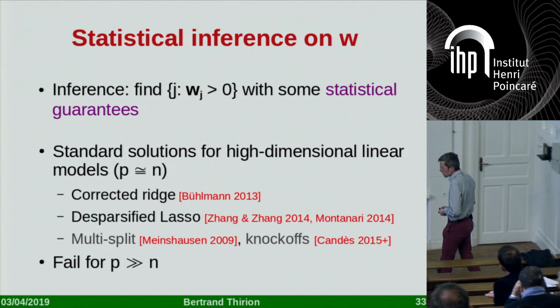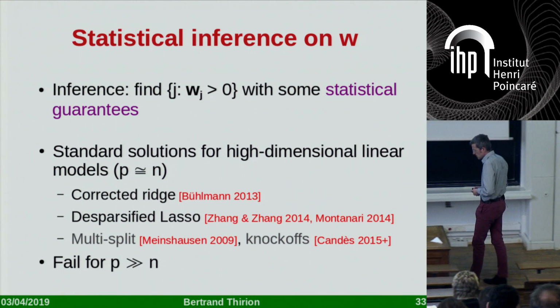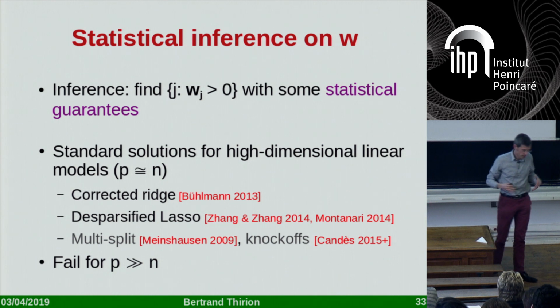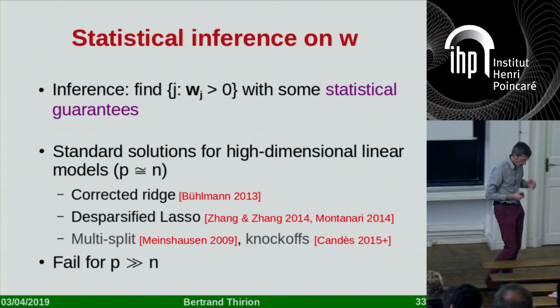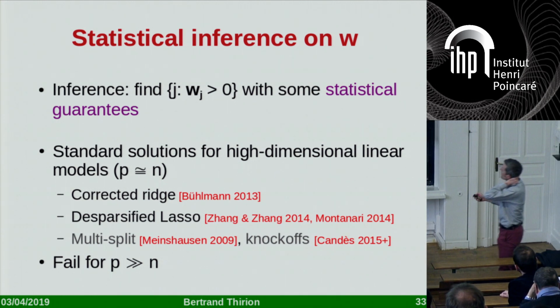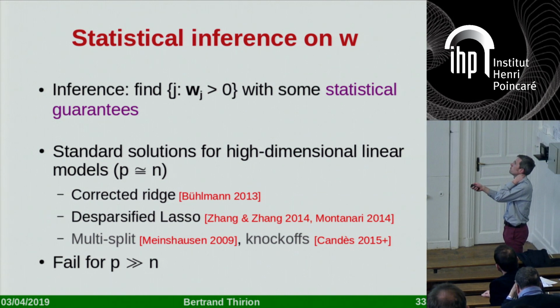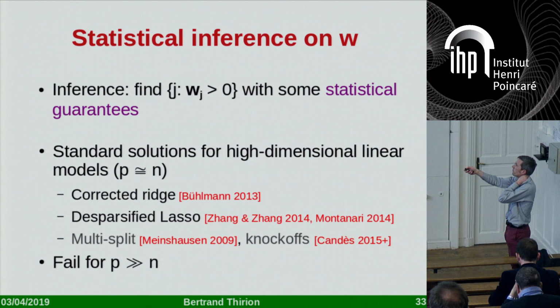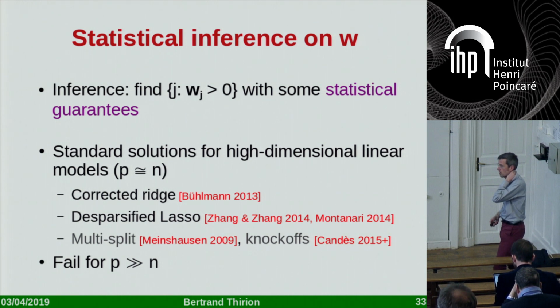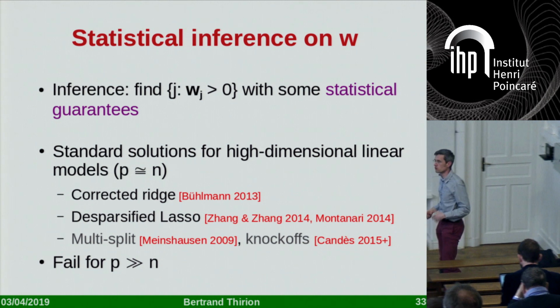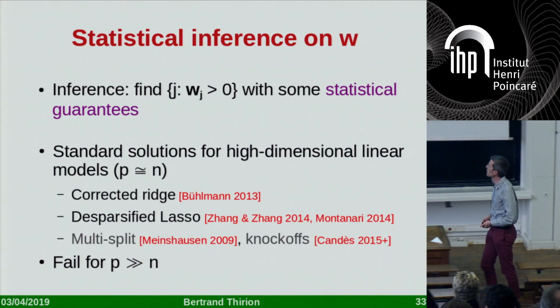So in the literature, solutions to get p-values on high-dimensional linear models, well, there are not many. The group of Bühlmann and Meinshausen have worked a lot on these ideas with the so-called corrected ridge estimator or the Desparsified Lasso, which I'm going to present now because it's the most powerful solution, I think.